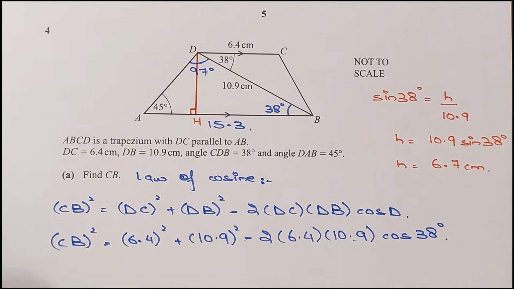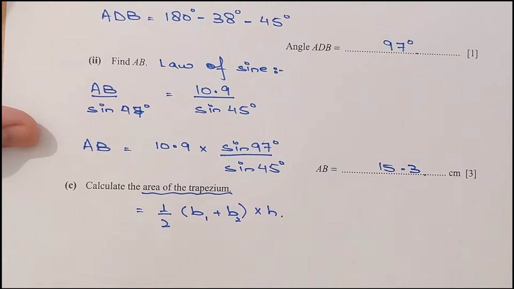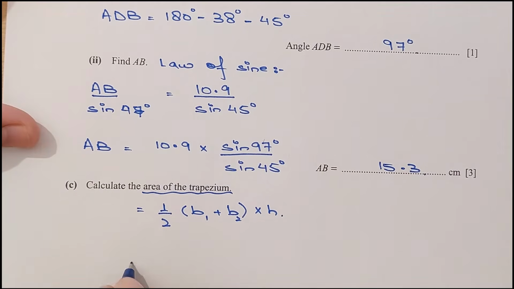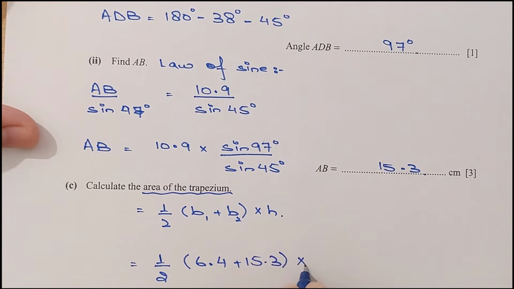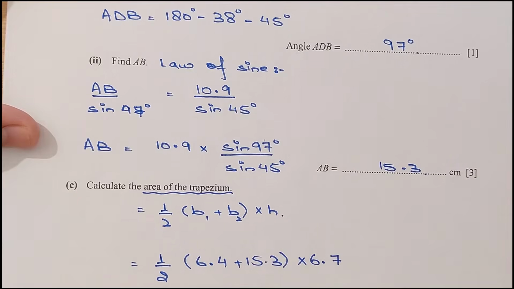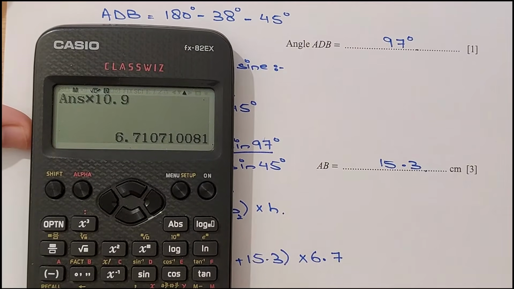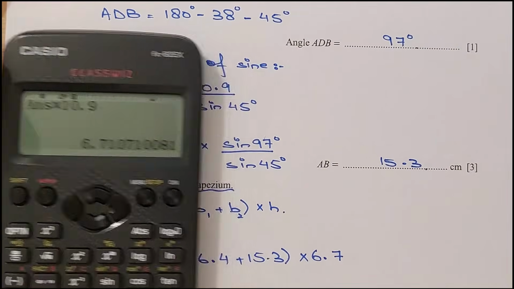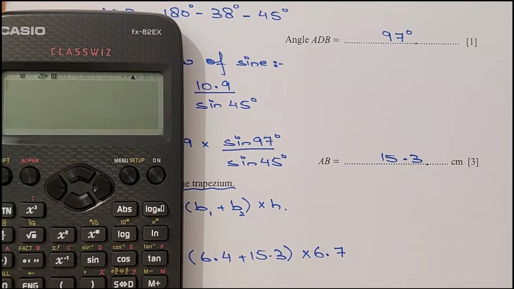Now substituting all the values into the formula. The area of a trapezium is half, the two parallel sides are 6.4 and 15.3, and the height we got is 6.7, right? So let me simplify. 6.4 plus 15.3 times 6.7 and dividing by 2.